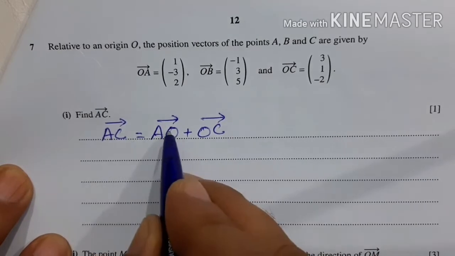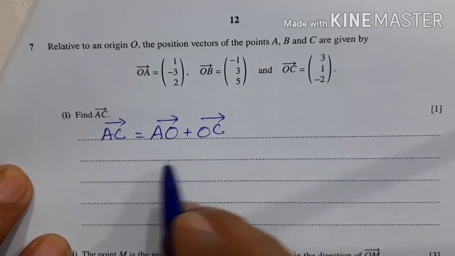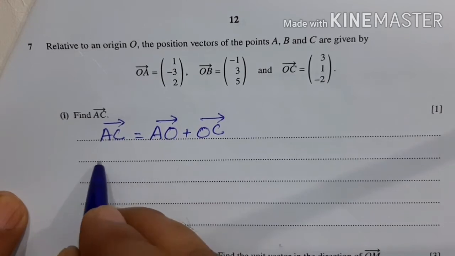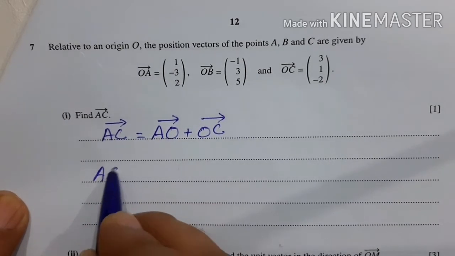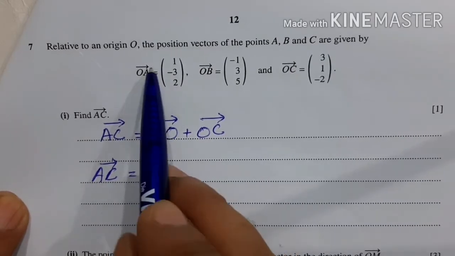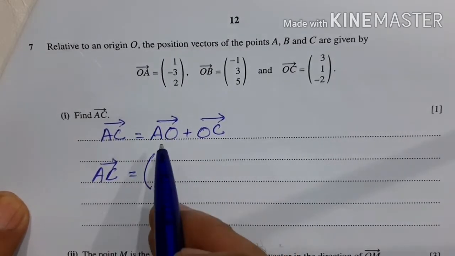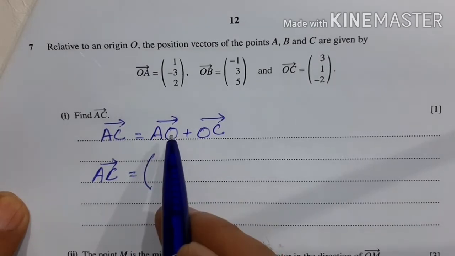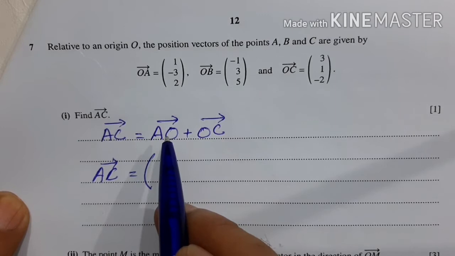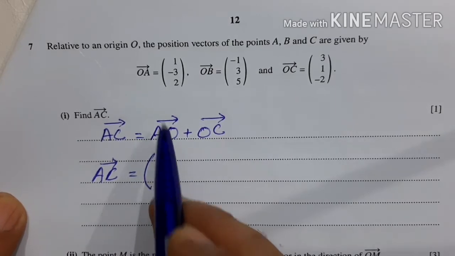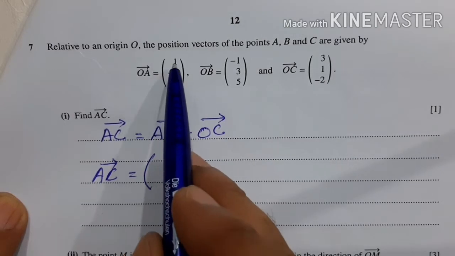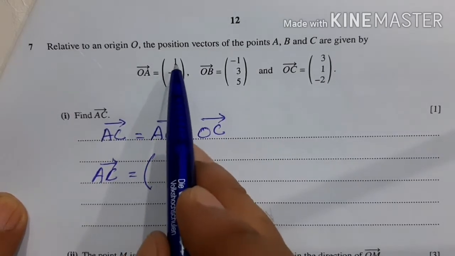It's A to O and then O to C. So AC is equal to AO. We got OA, but we need AO. It means AO is the negative of OA because the direction is opposite. So that's why I will use opposite signs for AO.